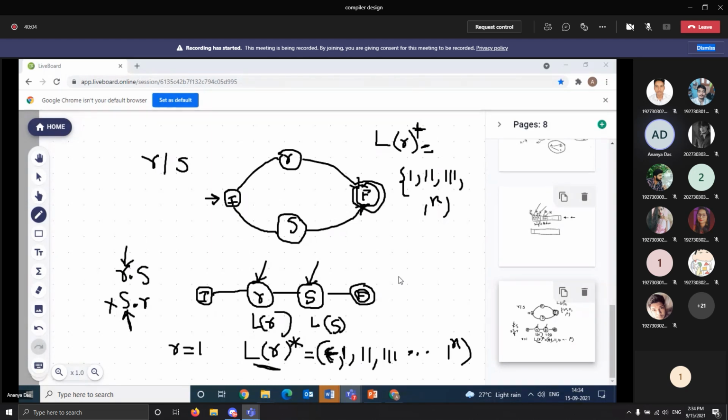And apart from that, we can have any exponential value also possible.